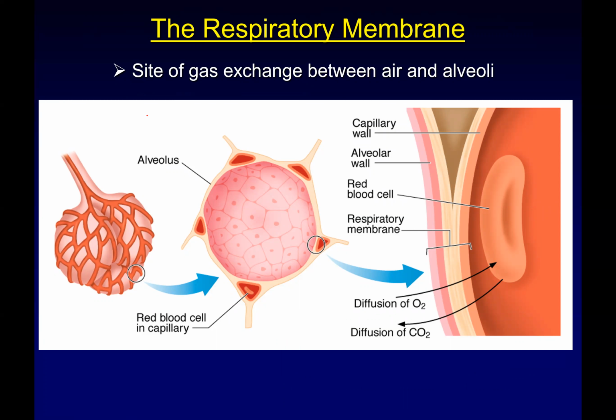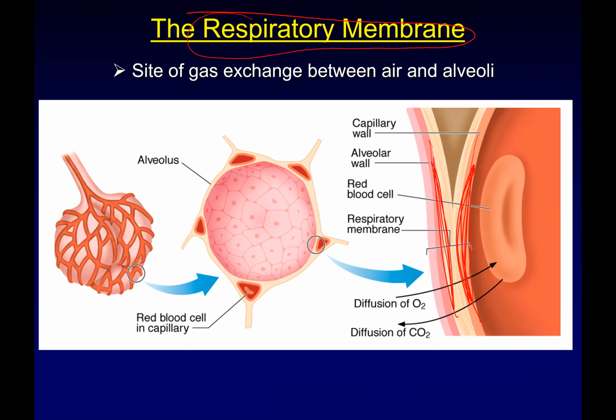So when we get gas exchange in the alveoli, it occurs across something that we call the respiratory membrane. The respiratory membrane is going to be the layer of cells, or the double layer of cells, where the capillary here, as I'm drawing in, where the capillary meets the edge of the alveoli.